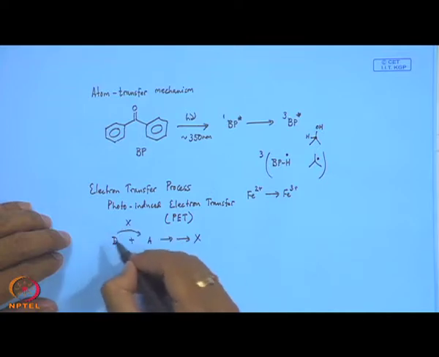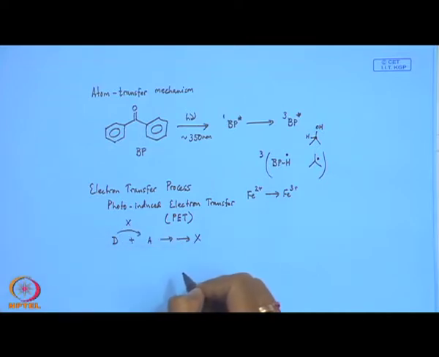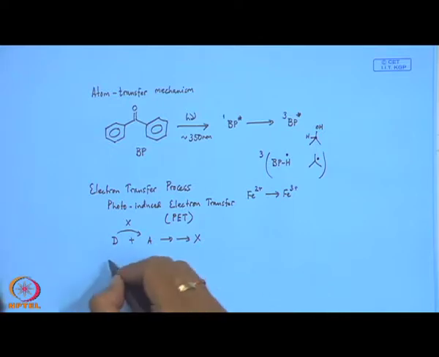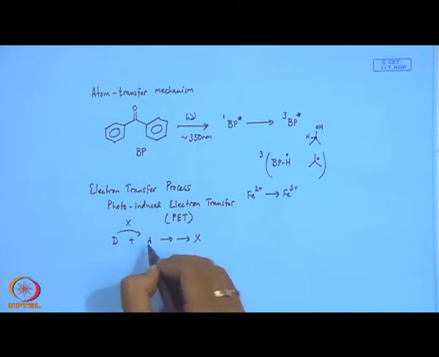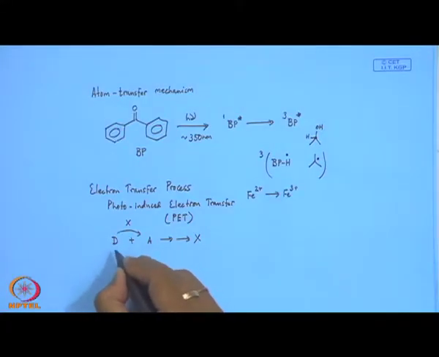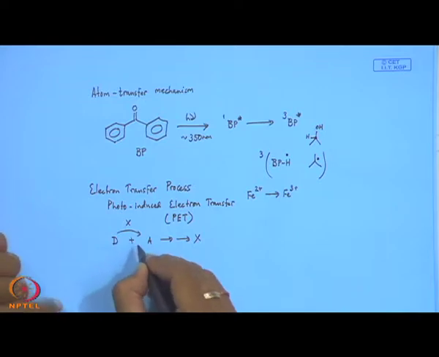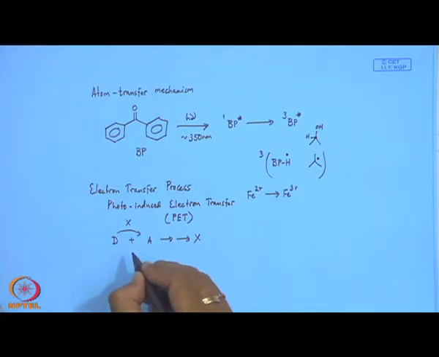But suppose the donor is in the ground state and the acceptor is in the excited state, then the reduction potential consideration says that there will be an electron transfer. The electron is transferred from the donor in the ground state to the excited state acceptor, and as a result this electron transfer takes place.